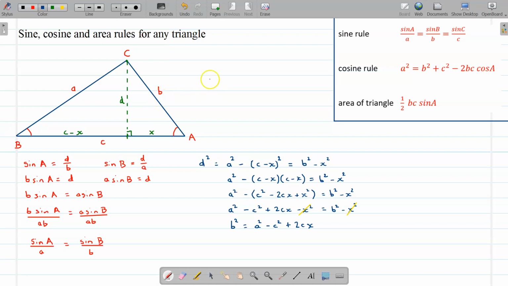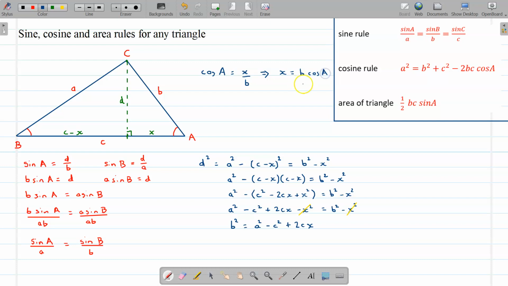So the cos of A, using ordinary right angle triangle trigonometry, is equal to the adjacent, which is x, over the hypotenuse, which is b. That's a fact that you can glean from that diagram. And therefore, it follows that x must be equal to b times the cosine of A.